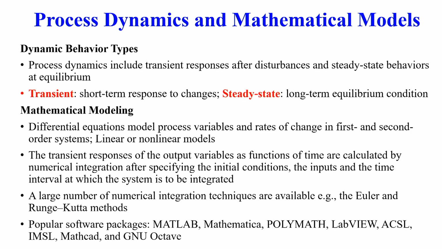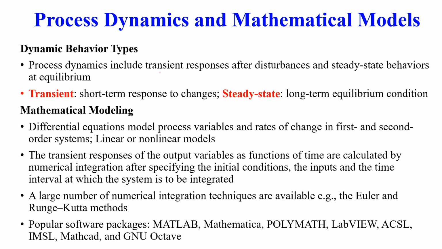Now, after understanding this, what we have discussed so far is the process dynamics and mathematical models. Dynamic behavior, or the process dynamics, includes transient response, which may be after a disturbance and reaching a new steady state, and behavior at equilibrium.